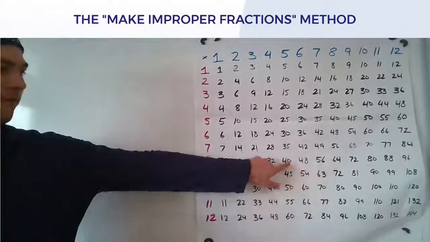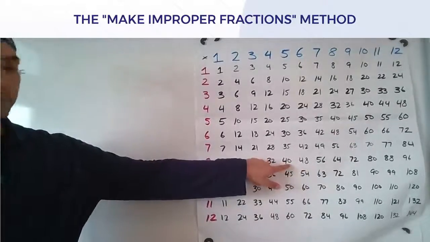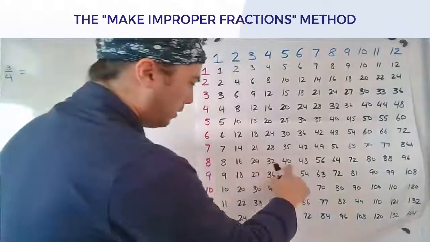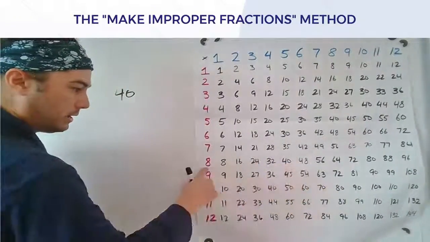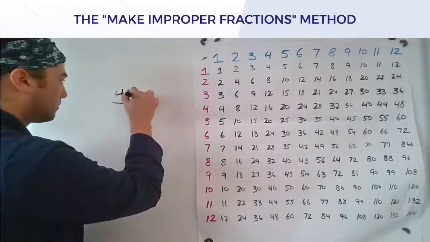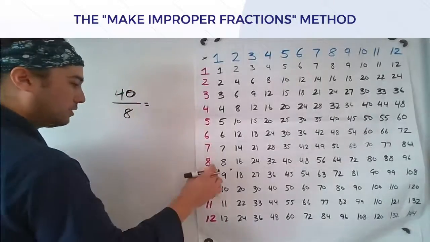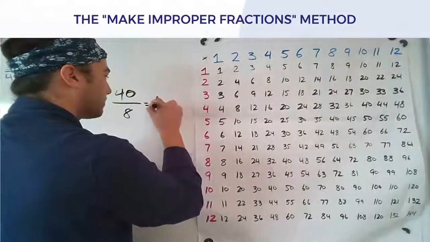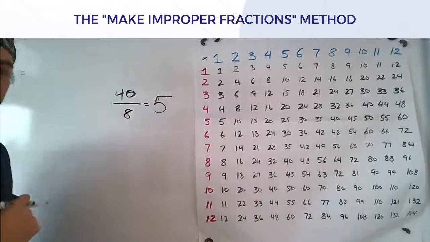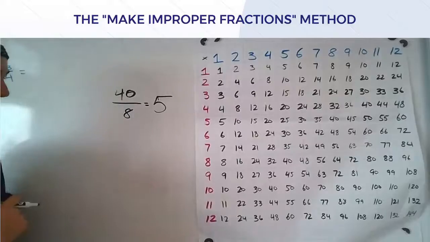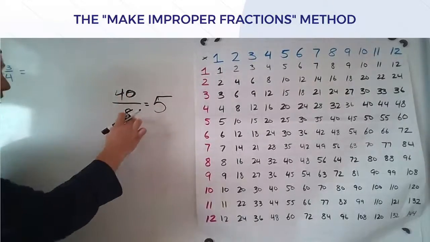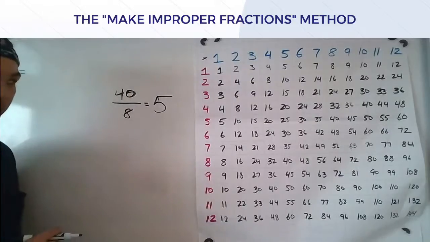Let's take 40. Here's 40, right? 40, let's see what row it's in. 40/8 equals 5. Check that out, because we know 5 times 8 is 40, or 40 divided by 8 is 5.